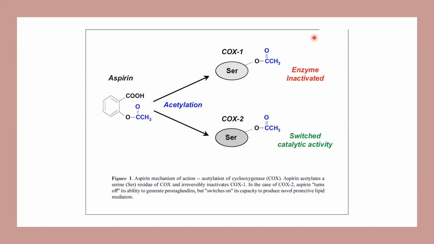So aspirin particularly blocks an enzyme called cyclooxygenase, here shown as COX-1 and COX-2, okay? That's the enzyme that it blocks. The acetyl group, right here highlighted in blue, on the aspirin gets hydrolyzed, and then the acetyl group gets bonded as an ester to the alcohol group of the serine residue on these enzymes.